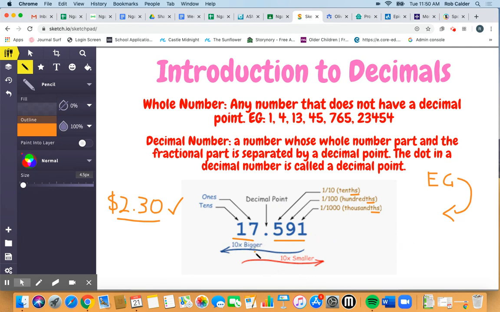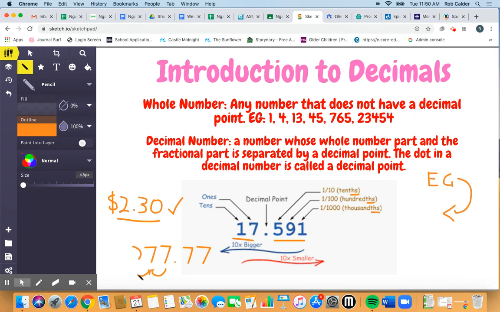Now, when we're looking at these two arrows down here, say these numbers were exactly the same and I had 777.77. What it's saying is that to get from this number to this number, my 7 to my 70 is 10 times bigger.